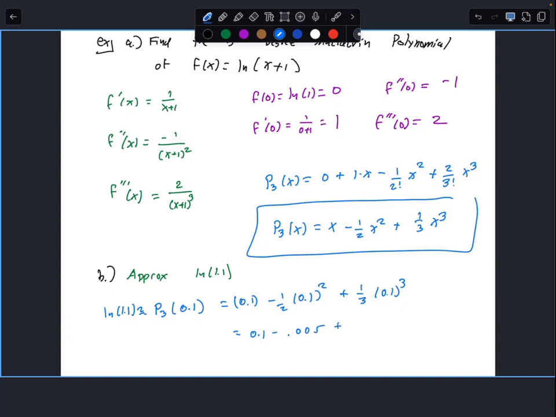Plus 0.003, or 1/3. So it's a repeating, yes, 0.3, 3, 3, 3, 3?